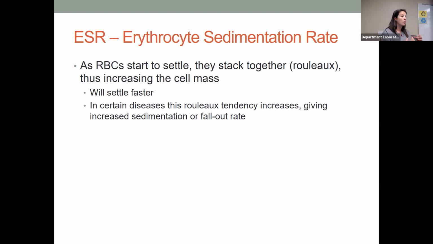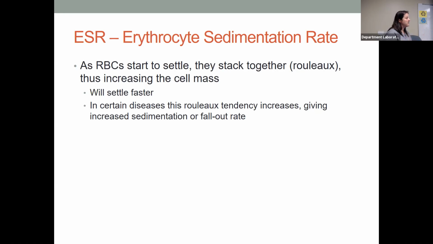It's not normal for the red cells to come together. When there are factors present that interrupt that zeta potential and allow the cells to come together more quickly, they will form rouleau. You remember what rouleau looks like, the stack of coins? Anytime that zeta potential is interrupted, those cells will come together, form rouleau, and fall quicker, all right? So that increases our ESR, okay?